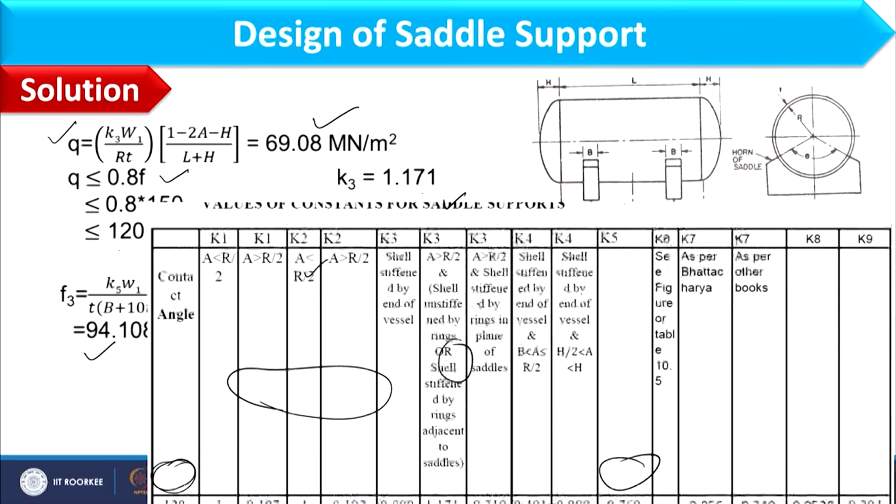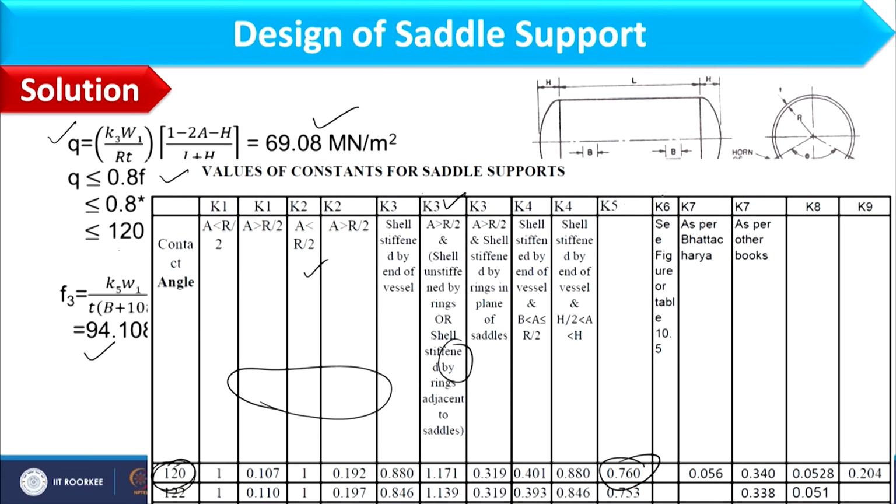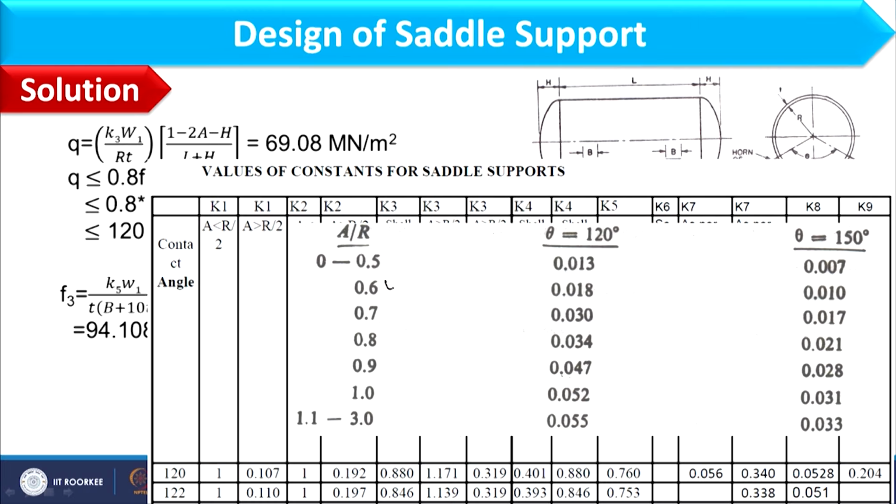0.18. So further you see this table where K6 we can see in figure or table 10.5 from the book, and the book is B.C. Bhattacharya book. When A by R is 0.6, and theta is 120, so corresponding value of K6 is coming as 0.018.